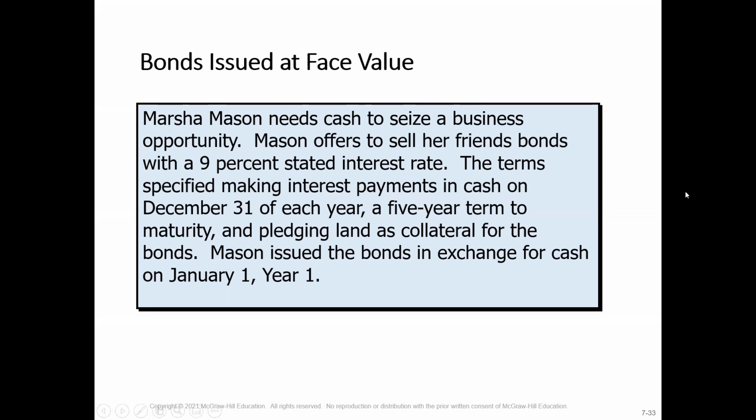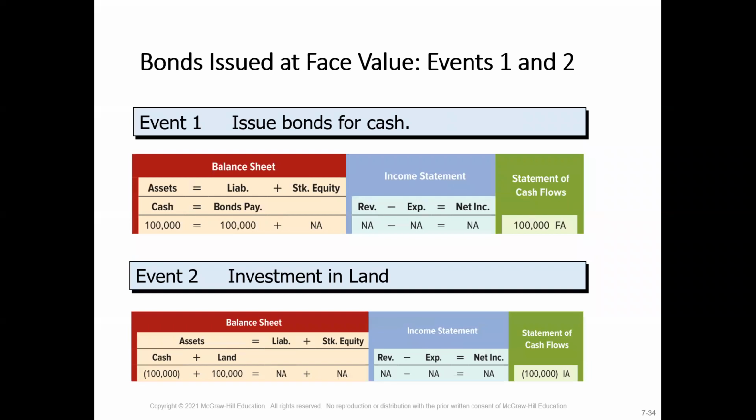So she got some takers, issued the bonds, and received cash January 1st, year 1. She needed to raise $100,000, so she got $100,000. It doesn't have to be equal. One of her friends could have loaned her $10,000, one could have loaned her $50,000, someone might have loaned her $1,000.